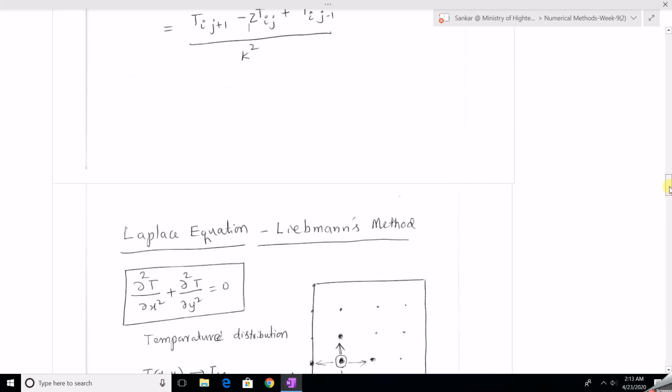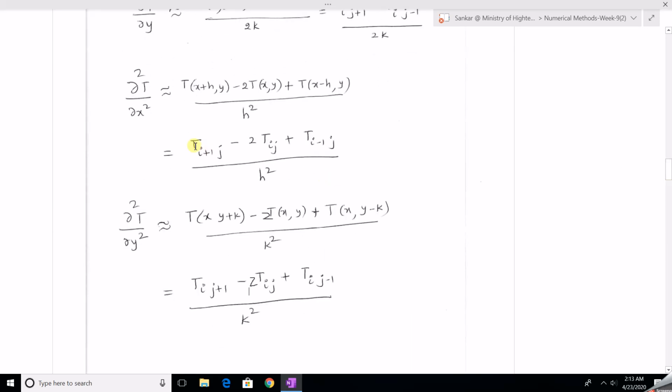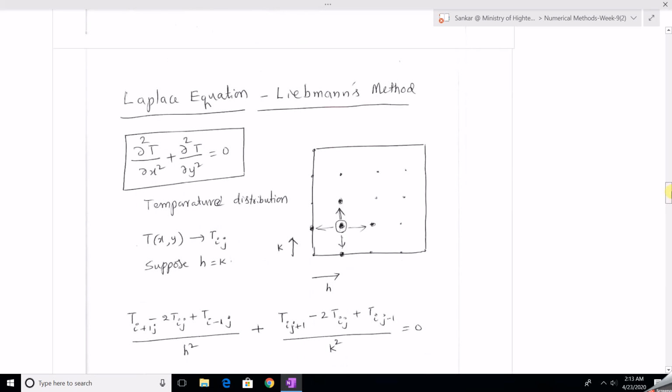We have done this one. And this is the approximation of dou square t over dou y square. So we are using these two approximations when we solve this Laplace equation. Let us keep the approximations here.